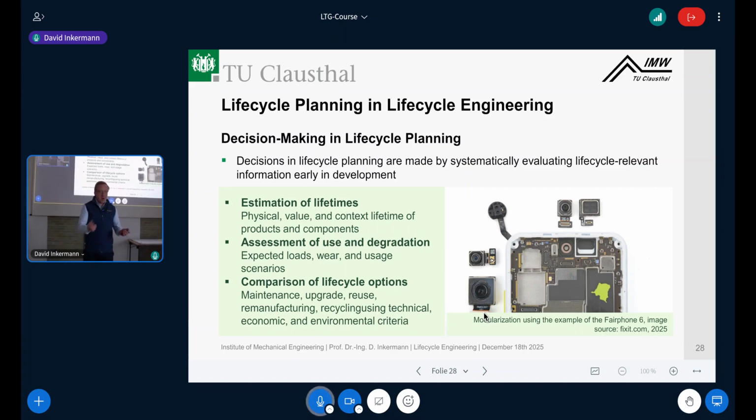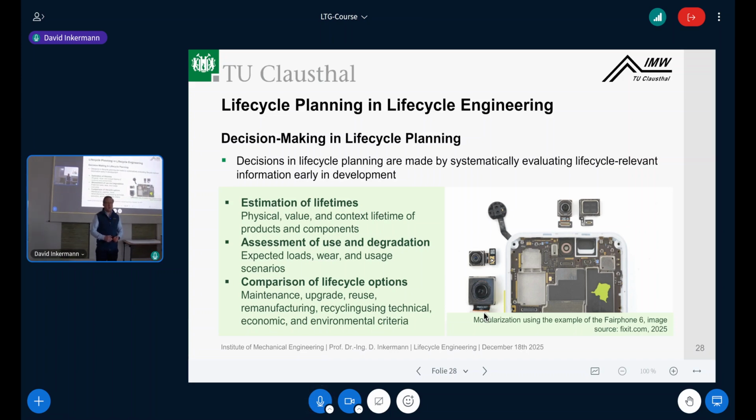So it has a highly modular structure, and the decisions in the lifecycle planning are then based on every lifecycle relevant information. For instance, the lifetime that we expect for a single component. Is the lifetime much higher than the average, or is it lower than the average, and therefore a candidate for reuse or replacement or maintenance?